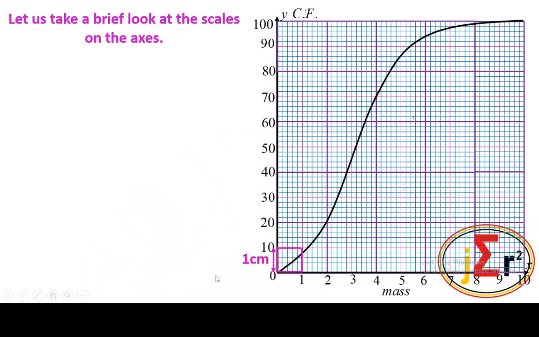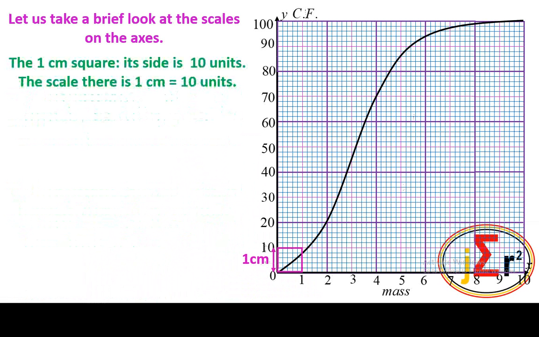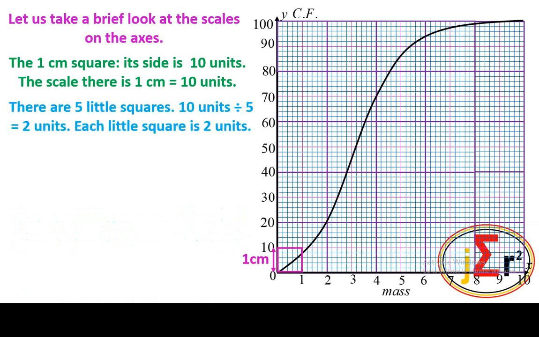We just have 1 centimeter here, but it is responsible for 10 units. The 1 centimeter square, that's what we're taking a look at. Its side is 10 units. The scale is therefore 1 centimeter is equal to 10 units on the Y, the vertical, or the cumulative frequency axis. 1 centimeter is equal to 10 units.